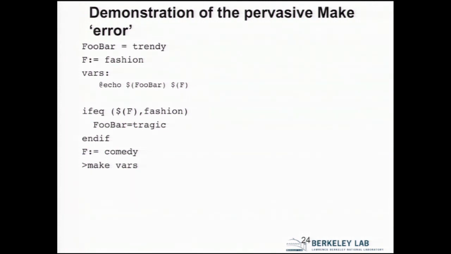There is this section in here which says if F was fashion, then FOOBAR became tragic, and F became tragedy. If you now run make vars, instead of getting trendy fashion, what you will actually get is tragic comedy. So you have to pay attention to these kinds of subtleties that can happen in a Makefile.